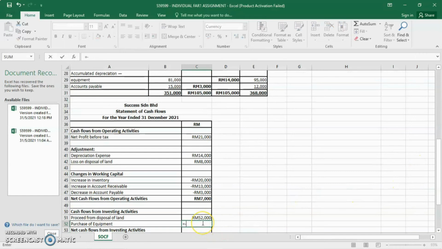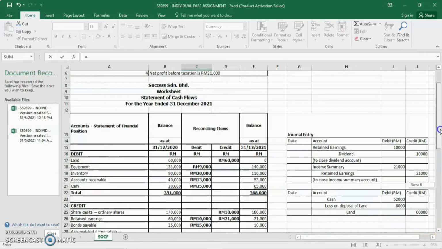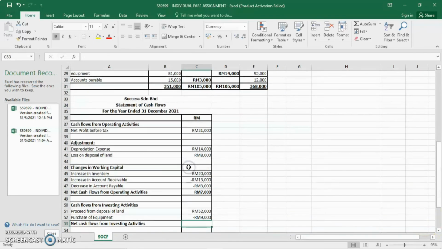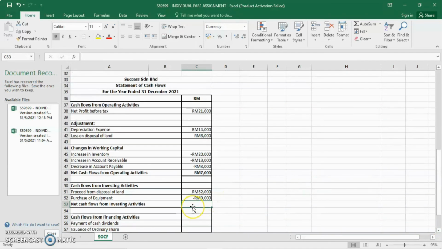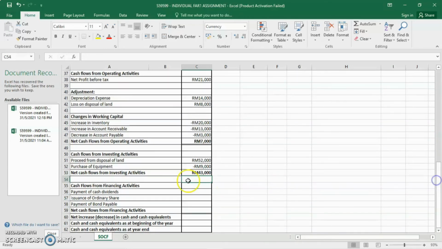And for equipment, we must minus 9,000 because when purchase of equipment, it can reduce cash, so cash outflow, we must minus it. And get 43,000.